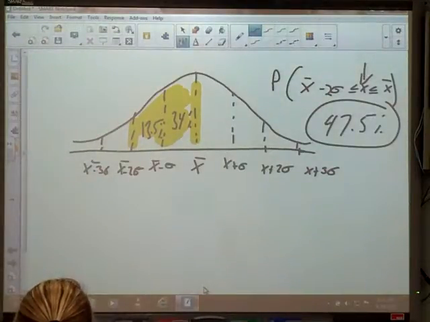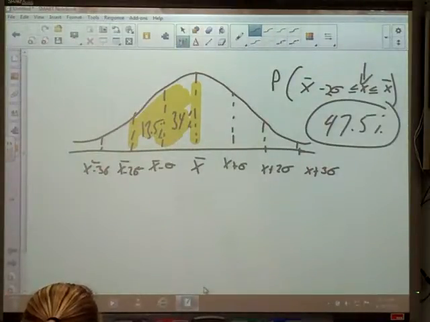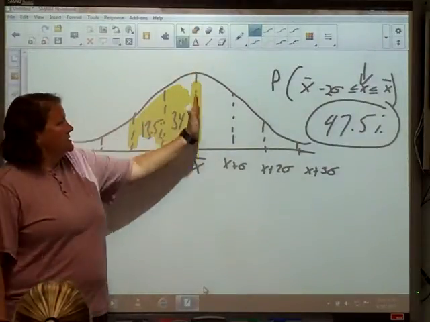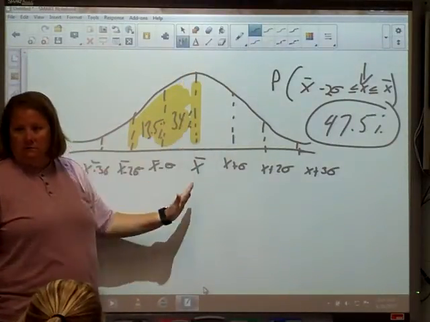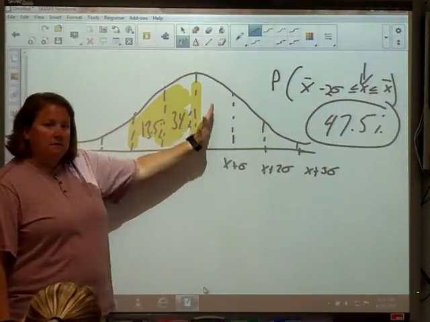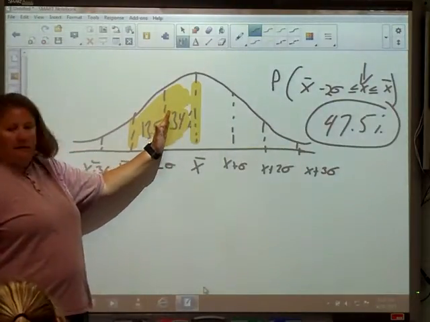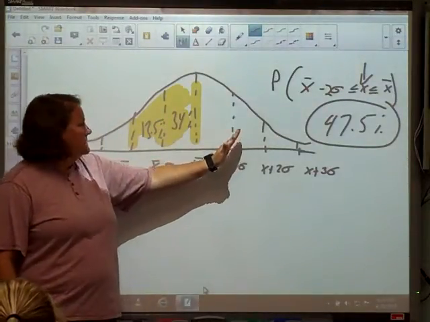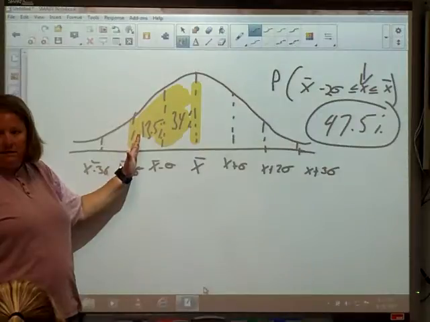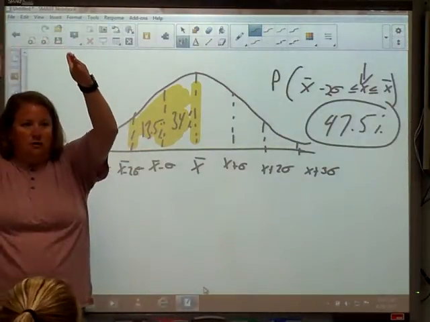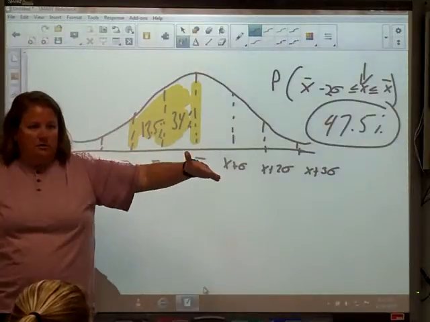With grades like A, B, C, D, F, the most common grade normally would be a C, so this would be our C here at the mean. Then you'd have a few more people making B's and D's, and then fewer A's and fewer F's.